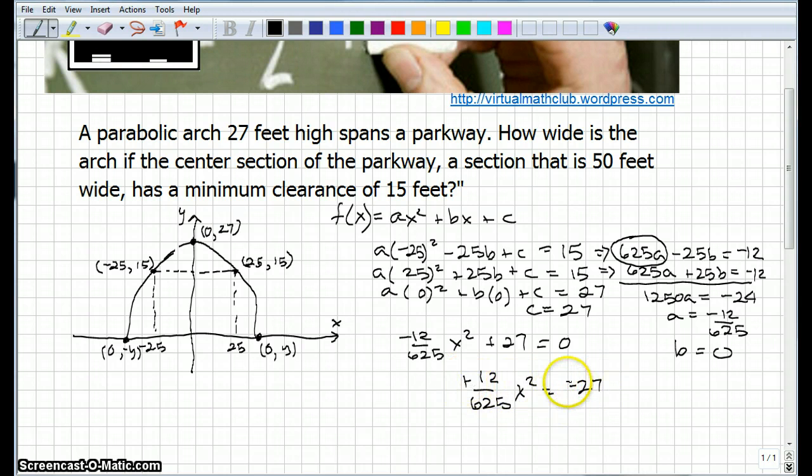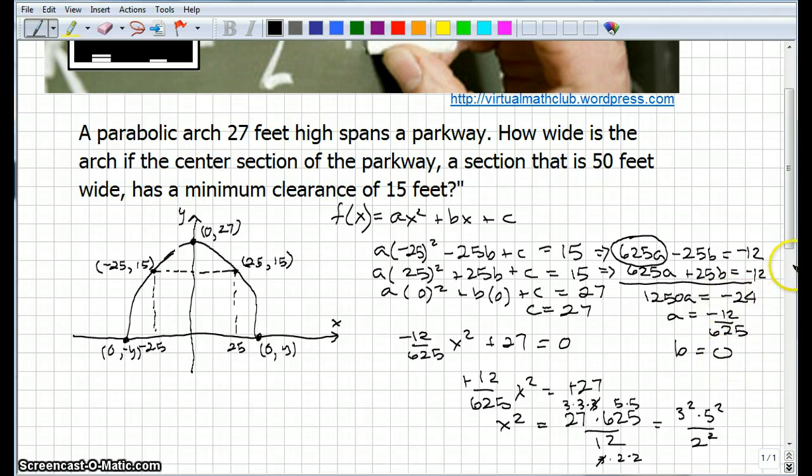And get rid of the negatives here. Then x squared is equal to 27 times 625 over 12. I know this is 3 times 3 times 3, and this is 5 times 5, and this is 3 times 2 times 2. So if I cancel a 3 here, then essentially I have 3 squared times 5 squared over 2 squared, and that's easy to take the square root of.